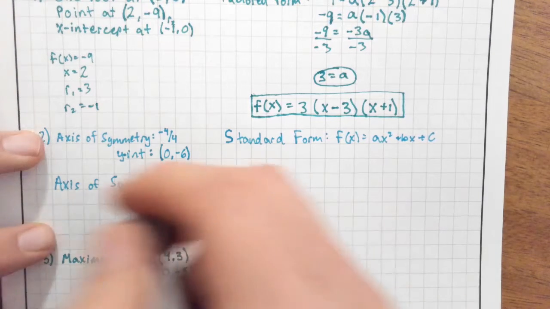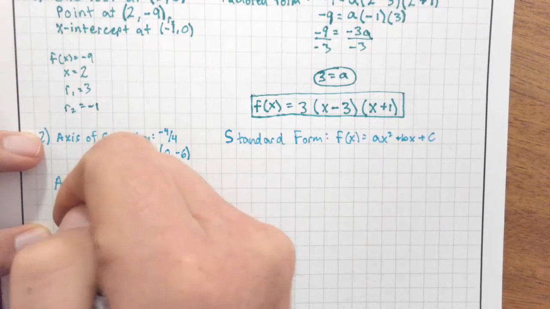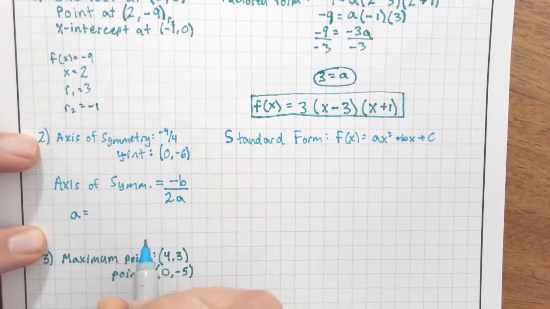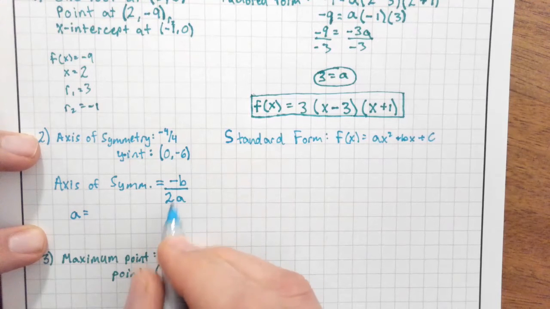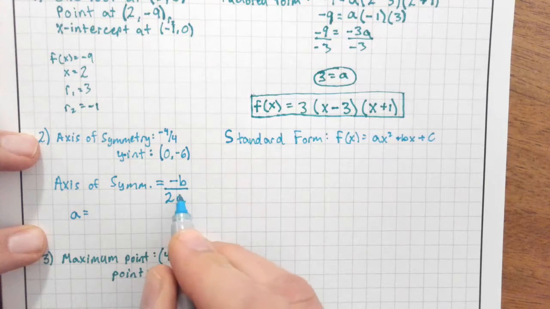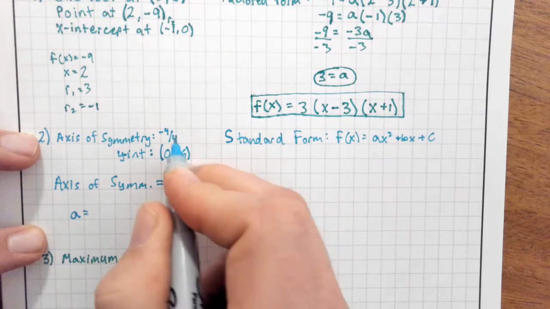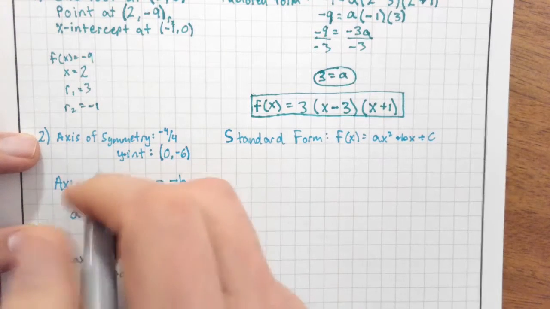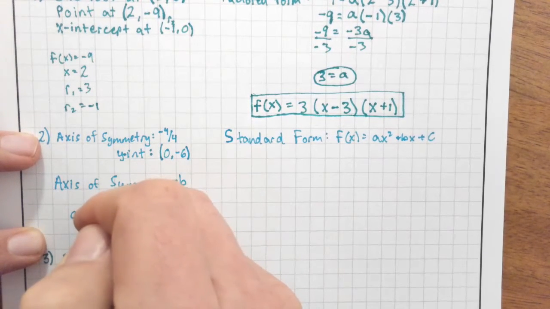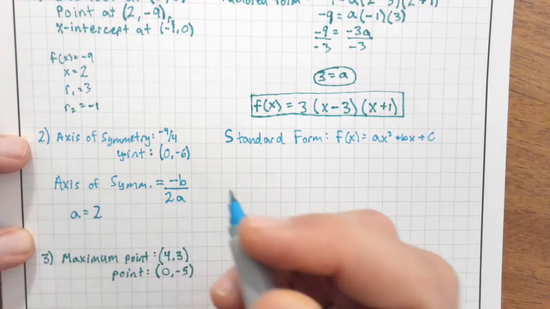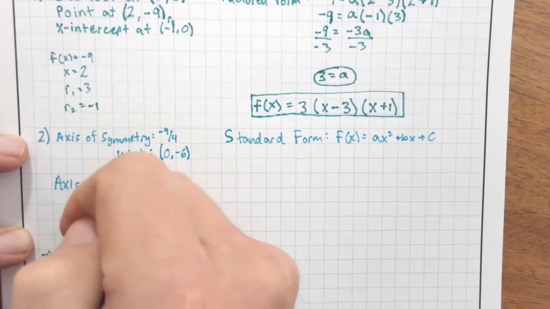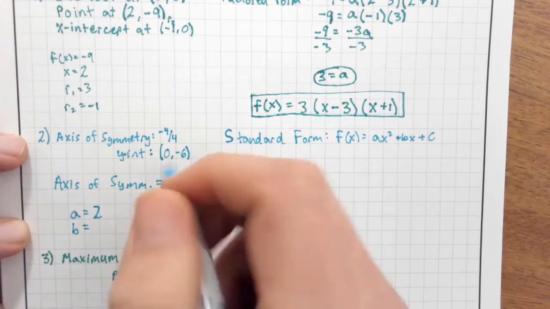All right, so just by thinking about it, what then would be the value of a? I've got 2 times something to give me 4. So what would that be? Of course, that would be a +2. A is equal to 2. And then b is equal to, just look at the top here.